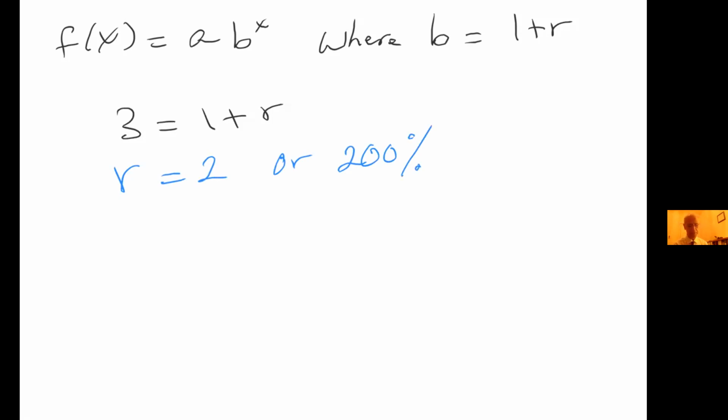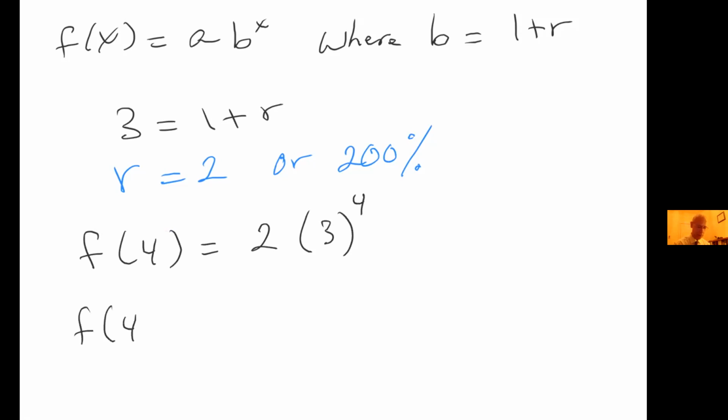And finally, the question is asking to find the value when x equals 4. f of 4 equals, the value of a was 2, times the base 3 to the power of 4.